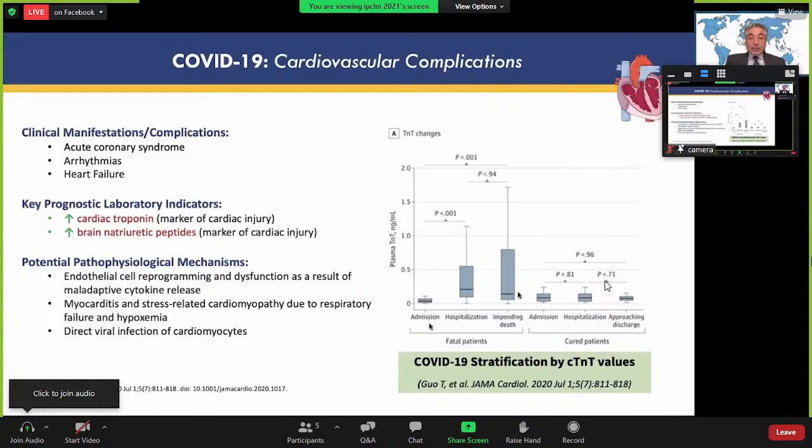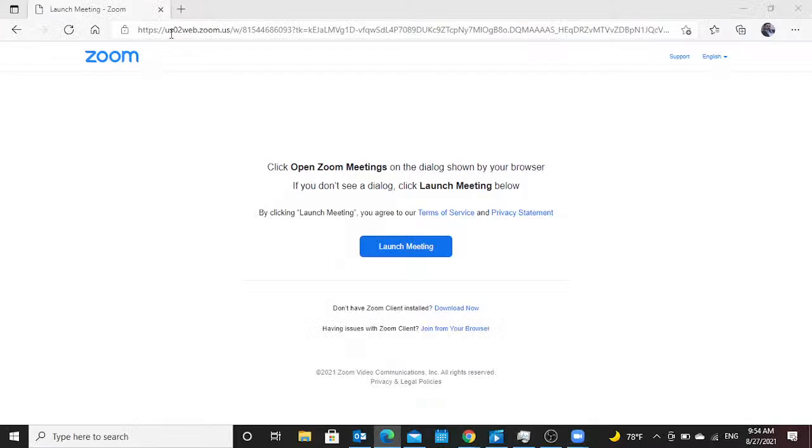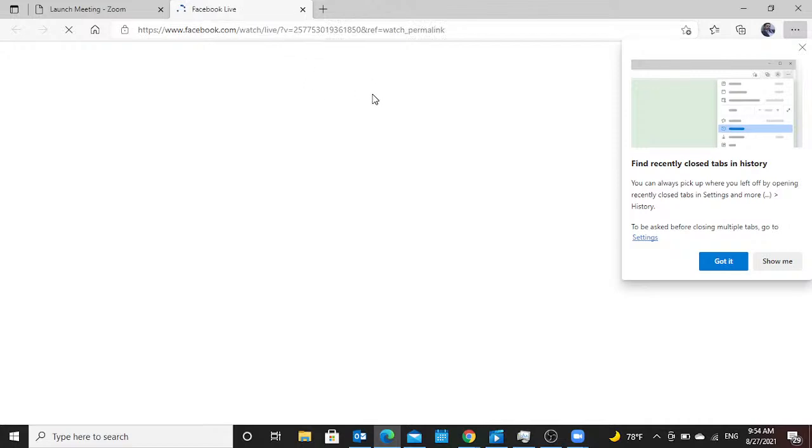This is just an example of one study, but there are many studies looking at troponin. As you can see, those who develop severe disease and were hospitalized have much higher plasma troponin T, and they actually have even higher levels in cases where it led to mortality.